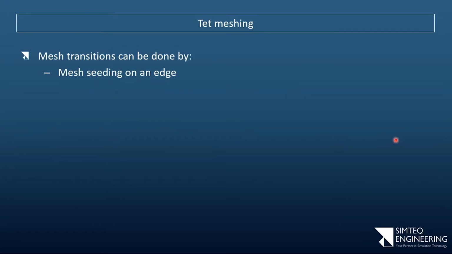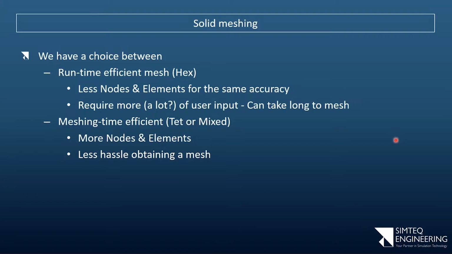Okay, so actually I want to quickly go back to this slide. If I look at the choices between a runtime efficient mesh or a meshing time efficient mesh, it critically depends on what you want to do with the model. Take an example where I've got a structure that's linear and I only plan to do a single analysis on that.